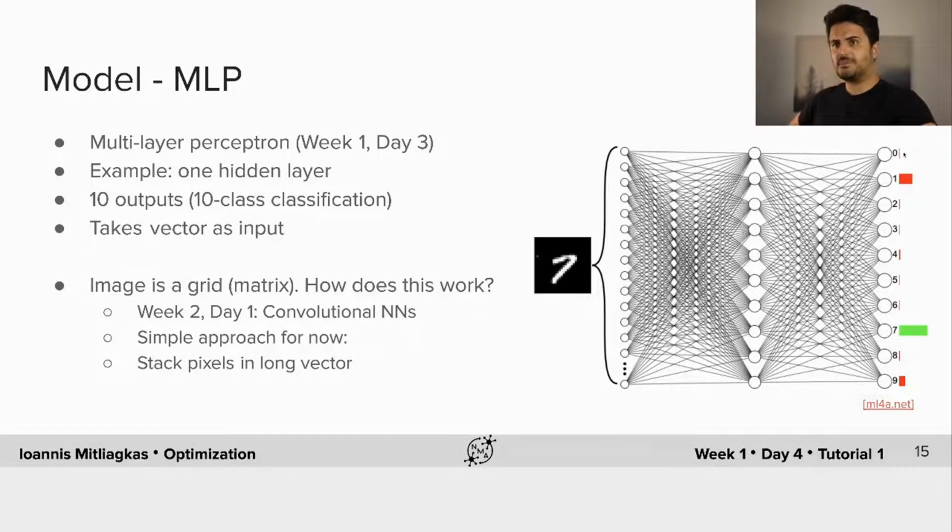And in the output, we're expecting to get something that looks like confidence, typically like a probability mass function, because we're going to use a softmax in the output. In the end, we can interpret the outputs as probabilities.